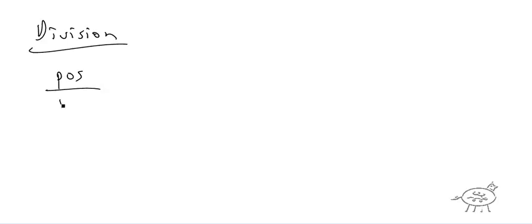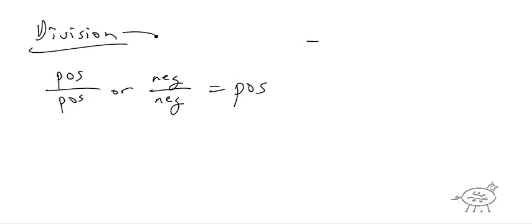Division, the same thing. If it's a positive divided by a positive, or a negative divided by a negative, it's equal to a positive. So don't get confused. I want to point something out.